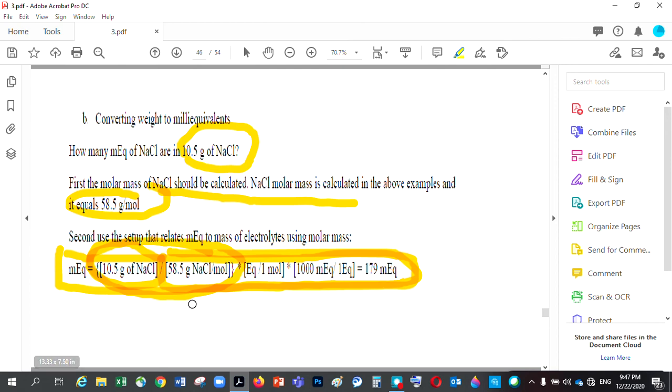So you have to divide the mass over the molar mass, because that gives you the number of moles, and then you multiply it by equivalent per mole. The mole cancels out with the mole of the molar mass, and then the equivalent will convert it into milliequivalent by multiplying by 1000.